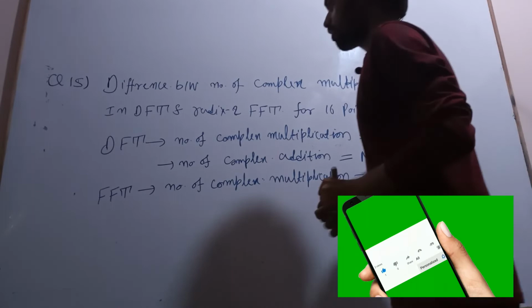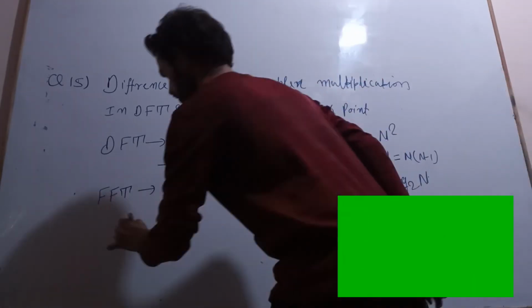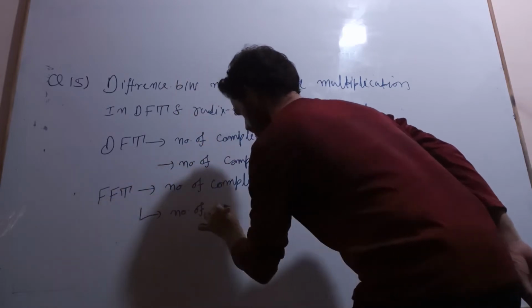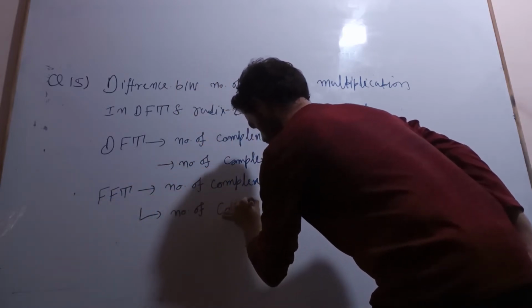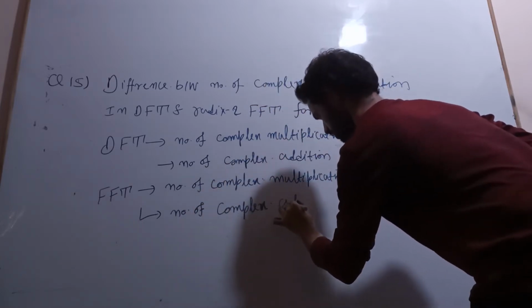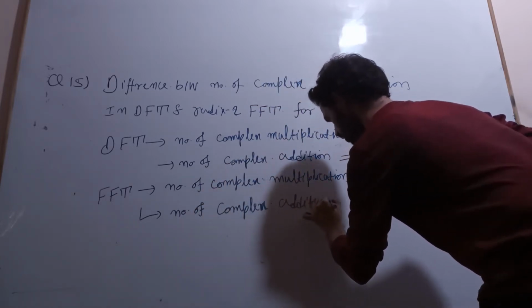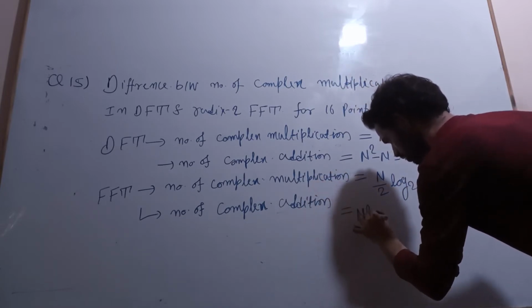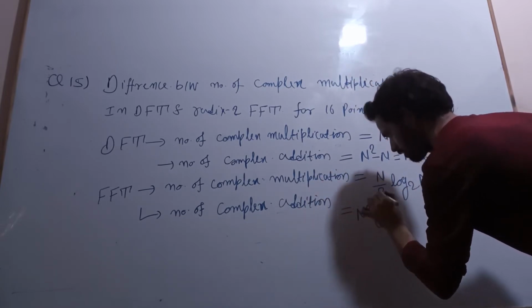So this is for FFT, number of complex multiplications. Similarly, the number of complex additions for radix-2 FFT is n log base 2 n.